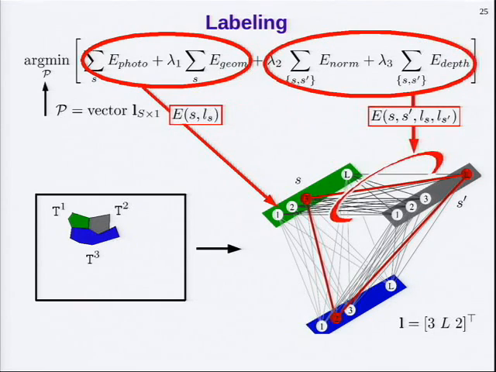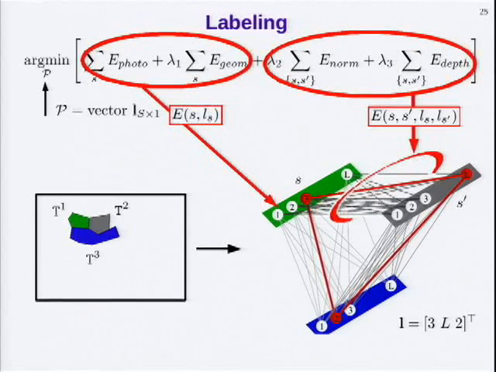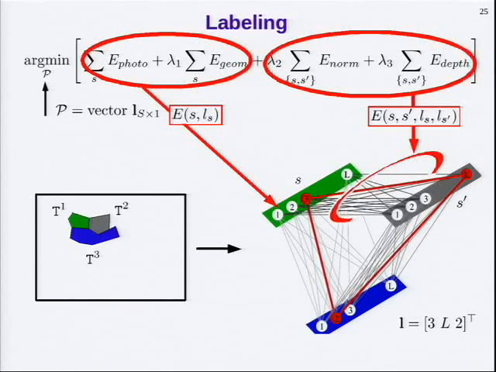Then we have the other two types of energies, and they operate between two superpixels. So they set all the numbers connecting the labels in two superpixels: the superpixel S, and S prime, which means the superpixel in the neighborhood, and these are the particular labels.